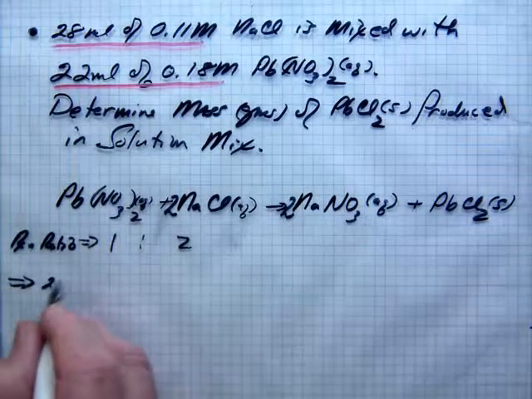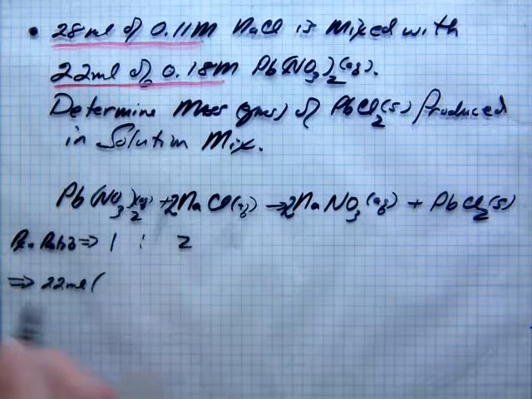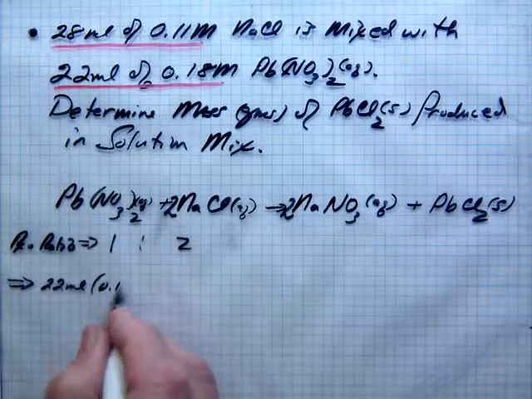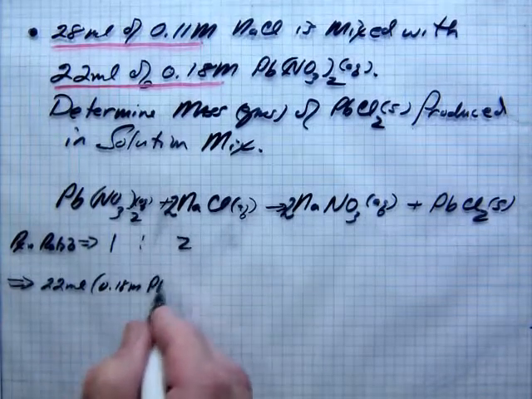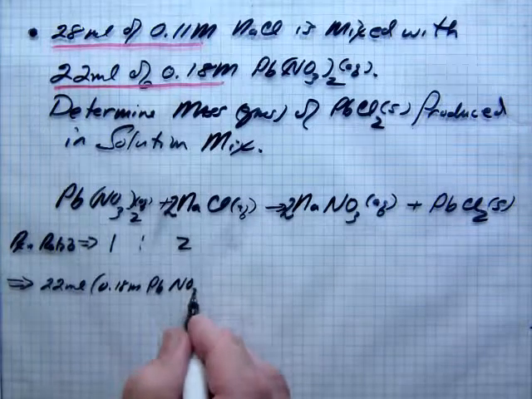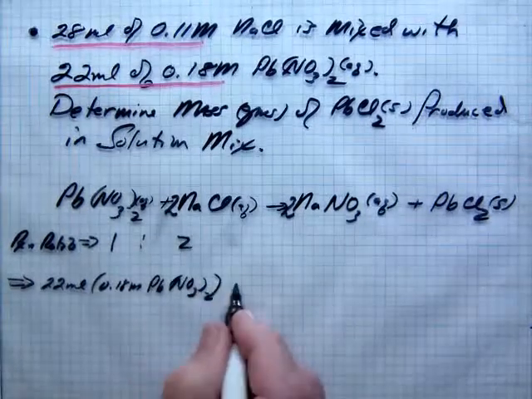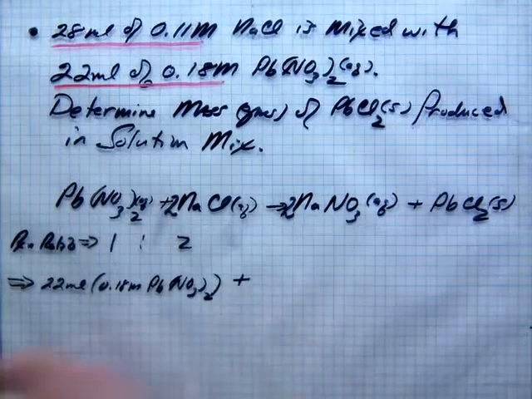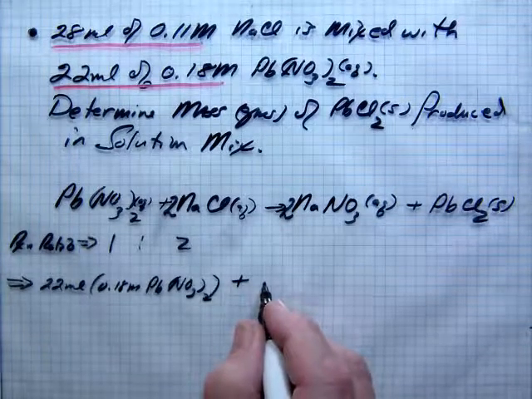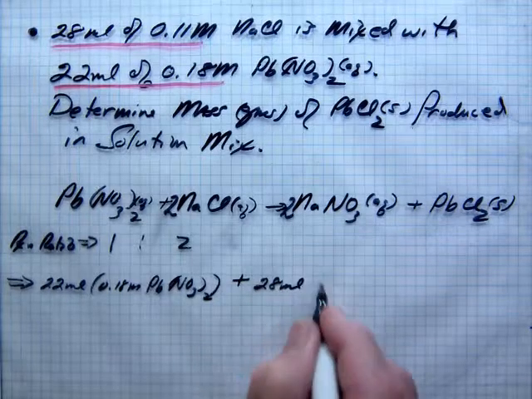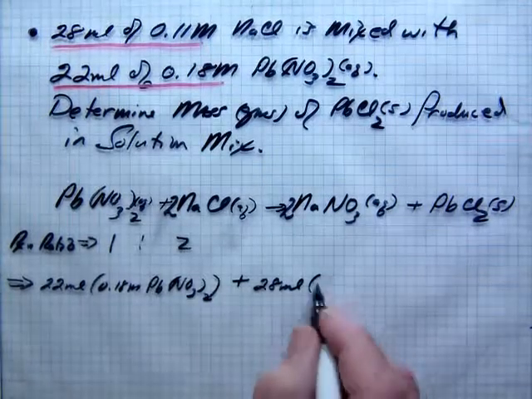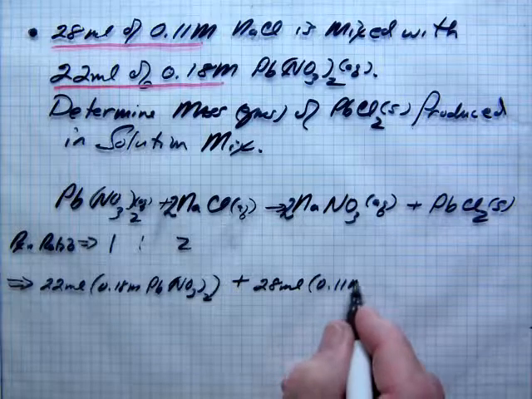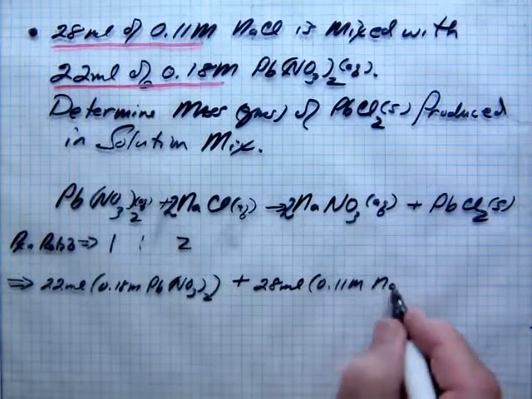So that's 22 milliliters, parentheses, 0.18 molar lead nitrate. And for the second one, you want to do it this way, just put plus 28 milliliters of 0.11 molar sodium chloride.